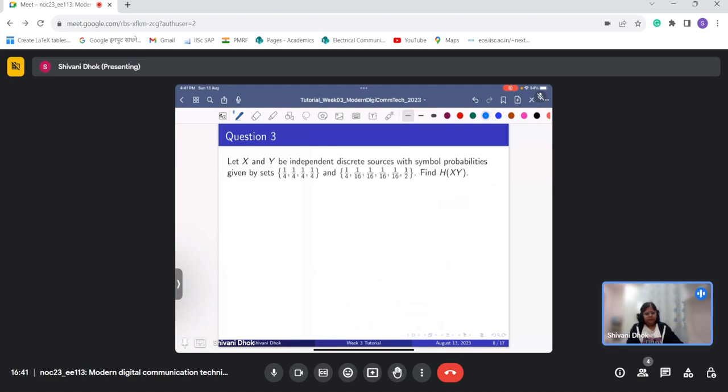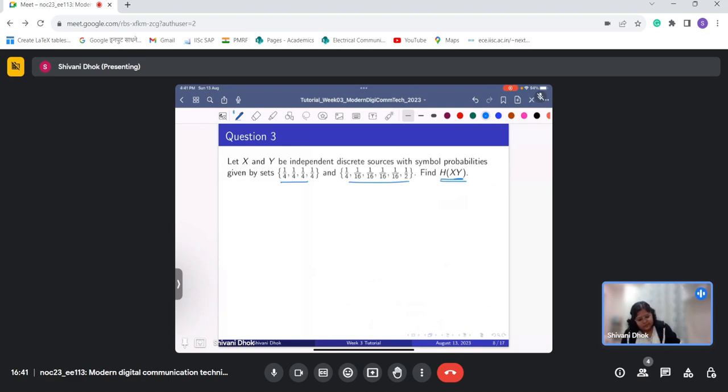Okay, so if there are no questions, then let's move on to the third one. So what we have here is, let x and y be independent discrete sources with symbol probabilities given by the sets this one and this one. And we need to find this joint entropy h of x comma y.